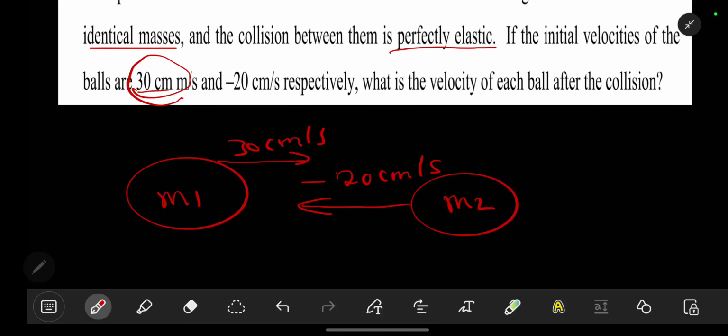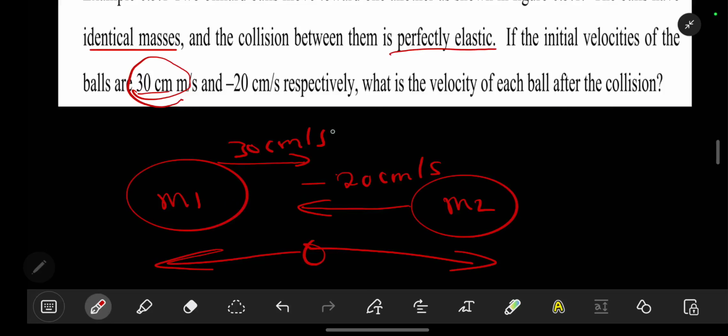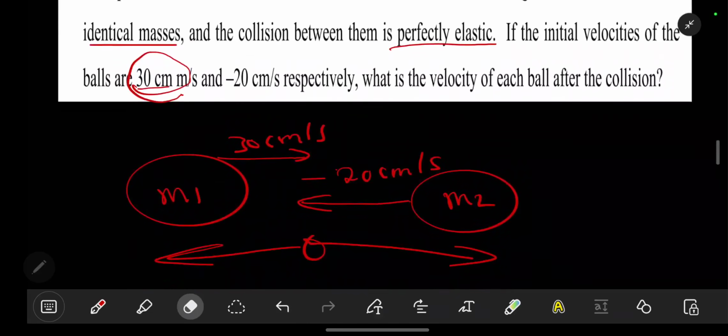So direction is very important. When two balls have identical mass and they move in opposite directions, they just exchange their speeds. This one will take the 30, this one will take the 20. That's the way it is. That is a property you should know if they have the same masses.